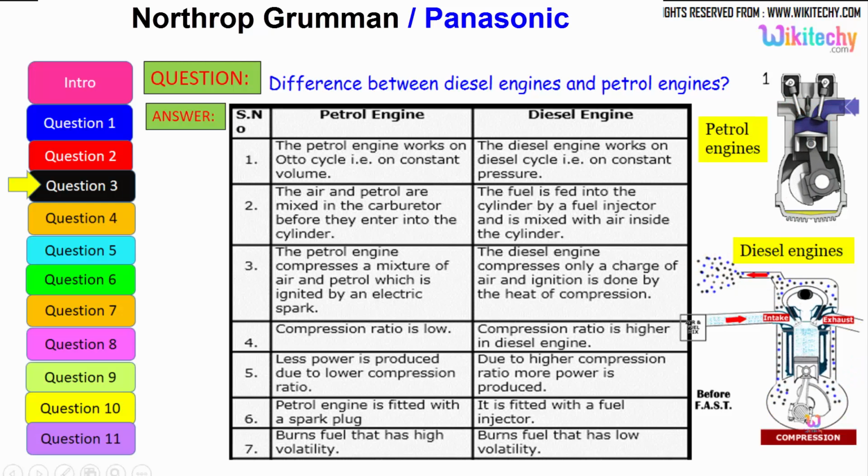The diesel engine is fitted with a fuel injector, so it burns fuel with a high volatility. The petrol is highly volatile, whereas the diesel engine will burn the low volatility liquid also. So diesel is a low volatile liquid. These are some of the differences between the petrol engine and the diesel engine.